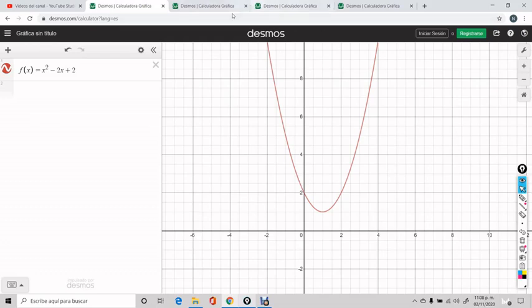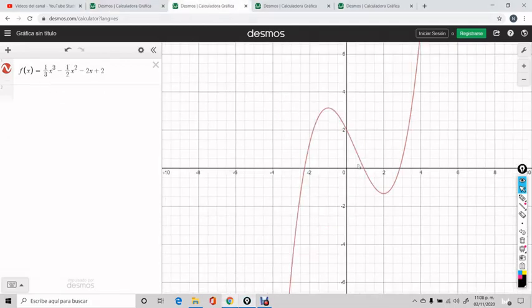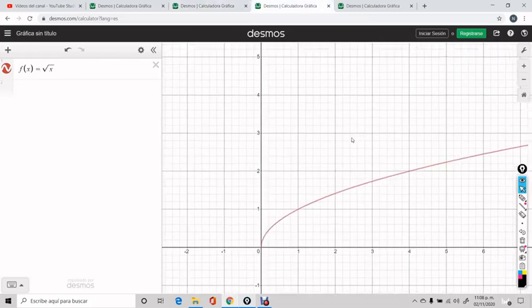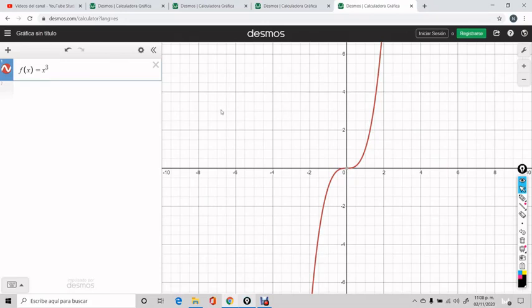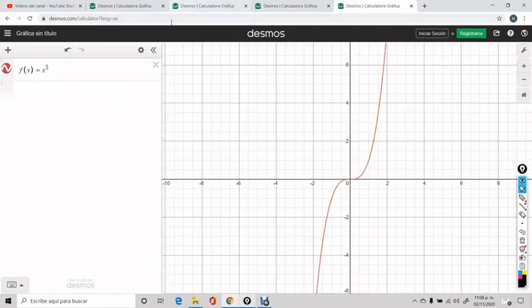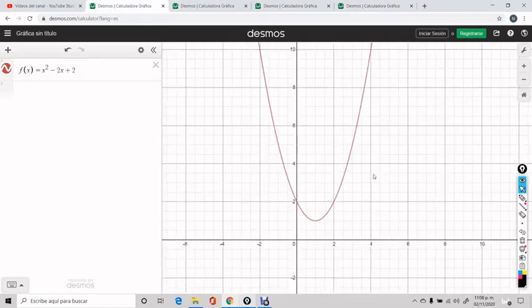We're going to explore all of these functions: this quadratic function, this cubic function, this square root function, and another cubic function, this one. So let's start with an easy example.